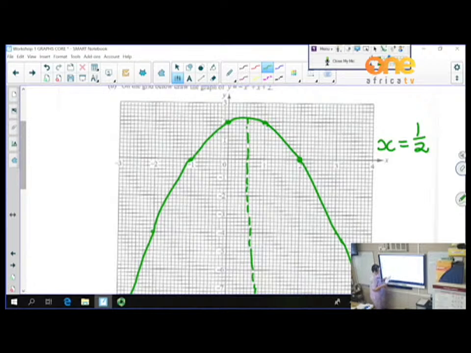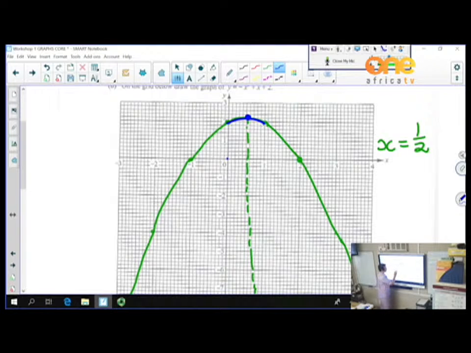Then they say, use your graph to find the maximum value of y. Now, the maximum value of y is this one. And that's why I said you have to draw it round, because the answer is not 2. It's higher than 2, because we must make that curve there. Now again, look at your scale. There's 5 tiny little blocks to form a 1.